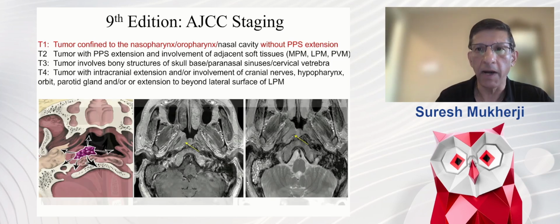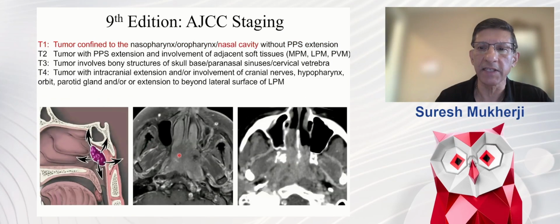Now, one of the nuances or the new additions to the new staging is a little bit more clarification. So if you have a nasopharyngeal carcinoma that extends into the nasal cavity without parapharyngeal extension, this is now still considered a T1 lesion. In the past, that's been a little bit confusing to some folks.